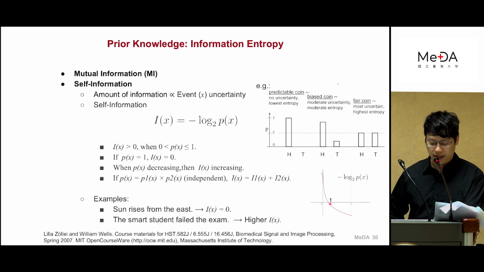As P of X decreases, then the I of X increases. If P of X is a product of independent probabilities, P1 times P2, then I of X equals I1 of X plus I2 of X.